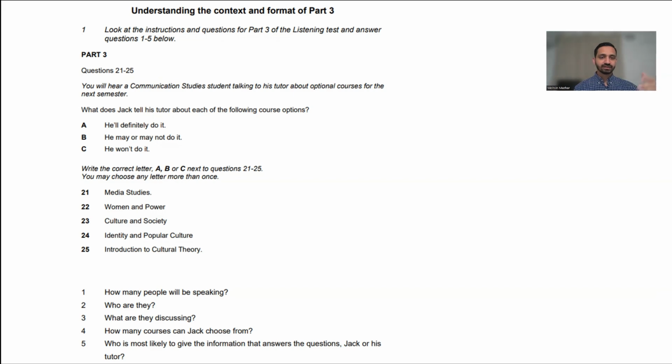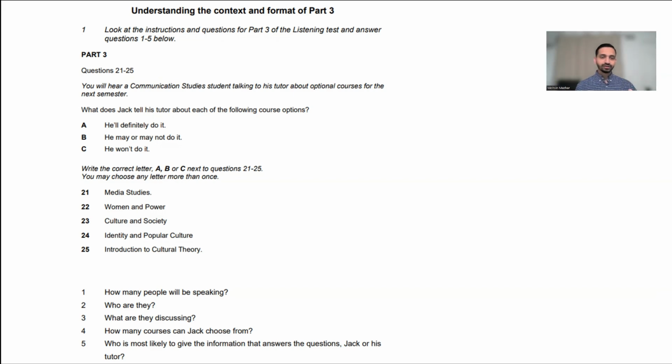In terms of the subjects that we are looking for, you may choose any letter more than once. Sometimes it's more than once, so you can apply one option again. In terms of courses, you've got media studies, women and power, culture and society, identity and popular culture, and introduction to cultural theory.